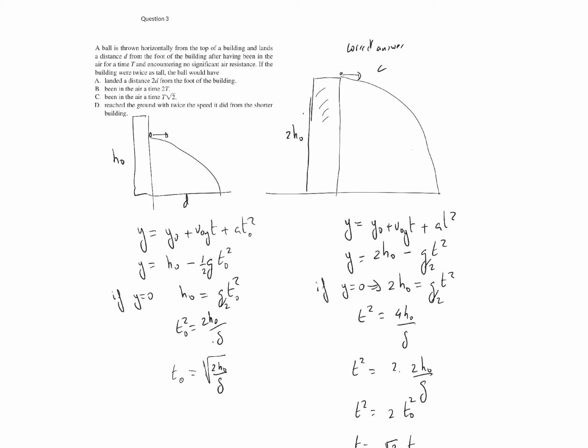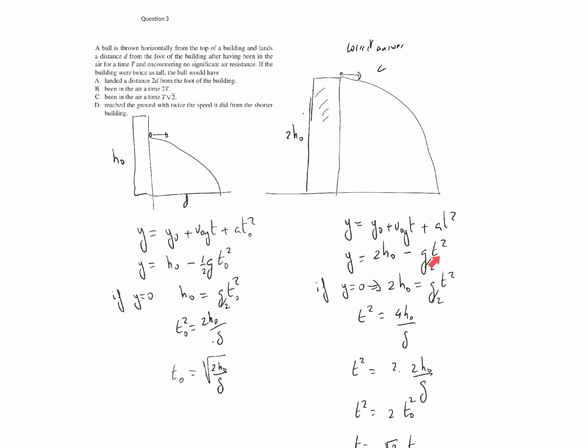So the equation says that h0 equals g divided by 2 times t0 squared, or t0 equals the square root of 2 times h0 divided by g. If you do the same thing with a building of double h0, when y equals 0, you place in the equation 0 equals 2h0 minus g divided by 2 times t squared.